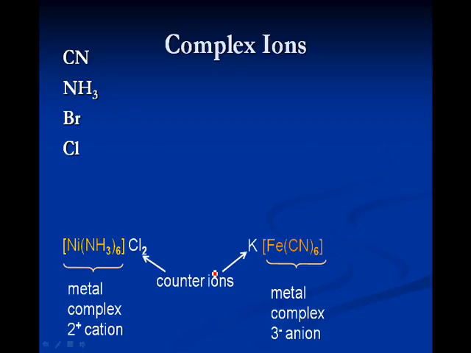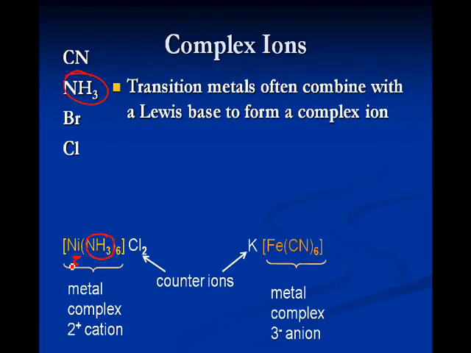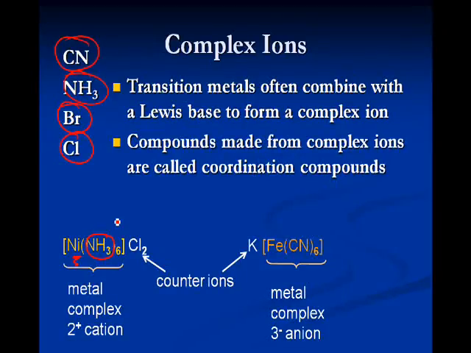Here we see the ligand with a metal. These are often transition metals. They often combine with one of these Lewis bases to form a complex ion. Usually, it's going to be a metal and one of these bases that form the complex ion.